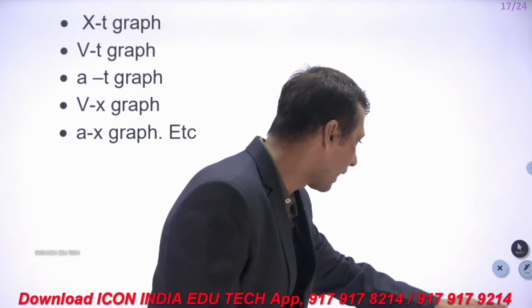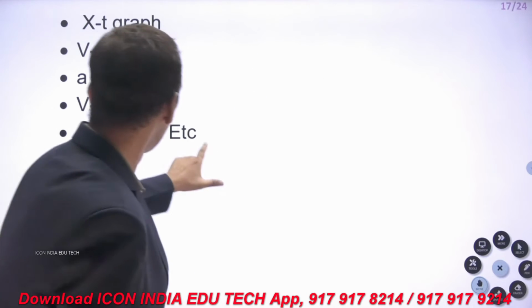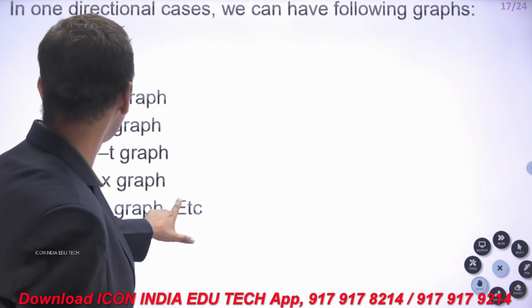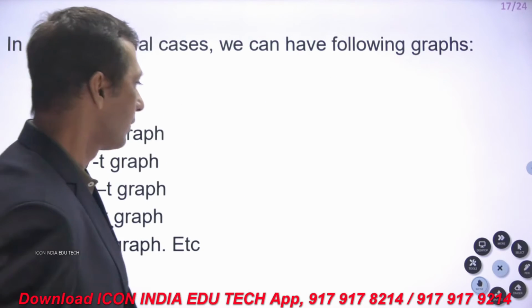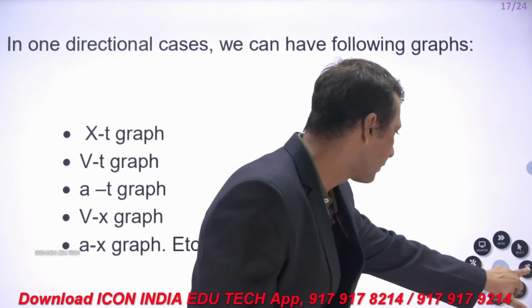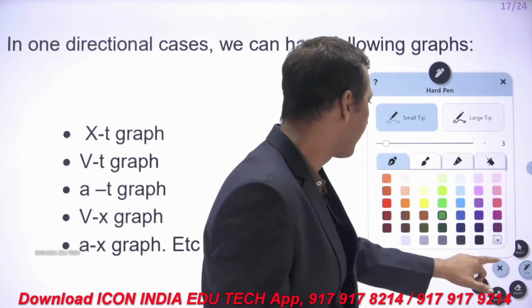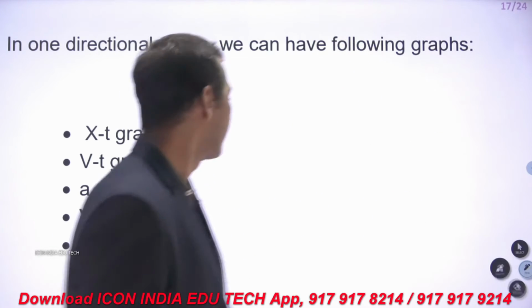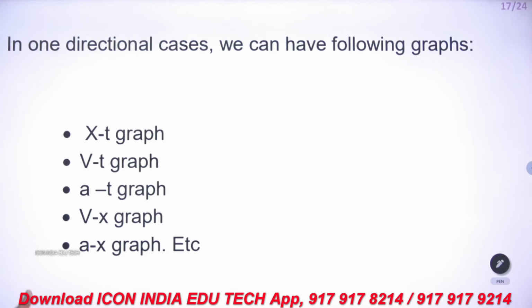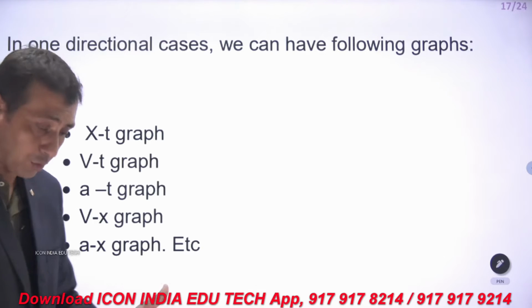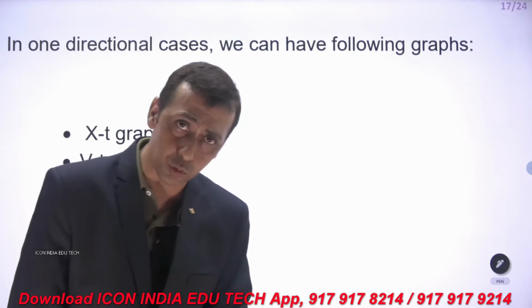Following types of graphs can be drawn so far as one directional motion is concerned.